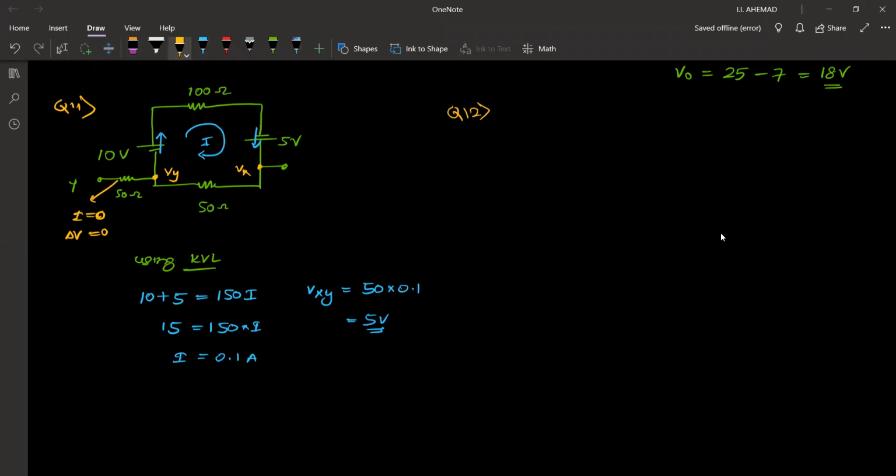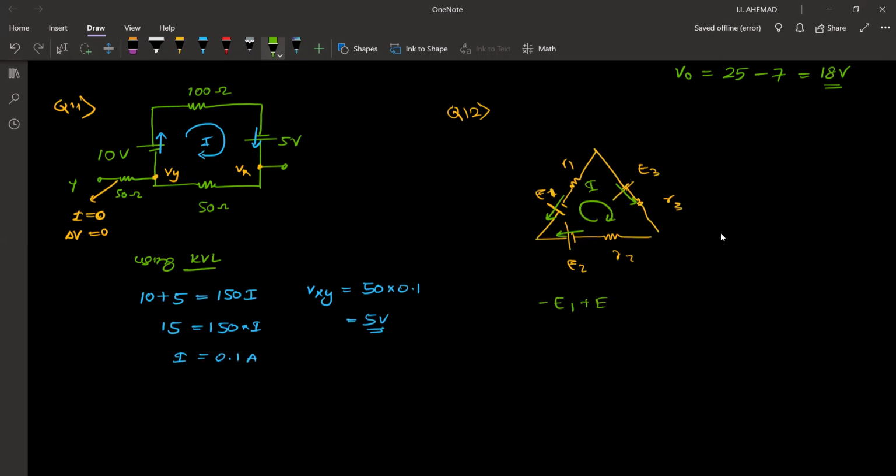Question number 12. Have I got the answer? Got this answer, the fourth answer.